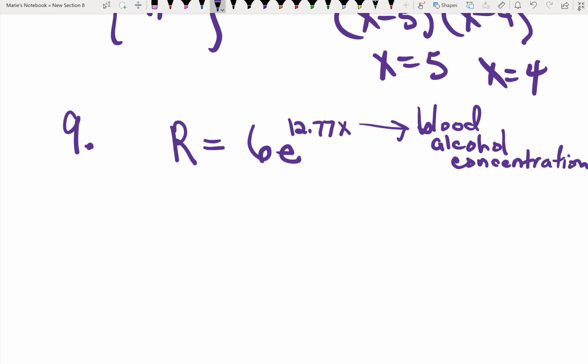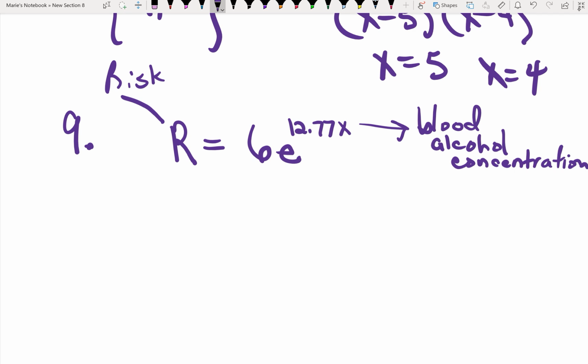All right, and R is the risk. And then what you need to understand is they're going to express the risk in terms of a percentage, but you're going to plug it into the equation differently.